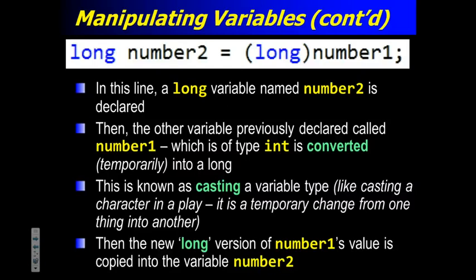They call that casting in acting class. So when you cast a variable, what I'm saying is number 1 here was an integer. What I'm doing is I'm taking number 1 and turning it into a long temporarily. It's not really a long, it just plays one on TV. It's just being turned temporarily into a long so that I can store it in this variable called number 2.